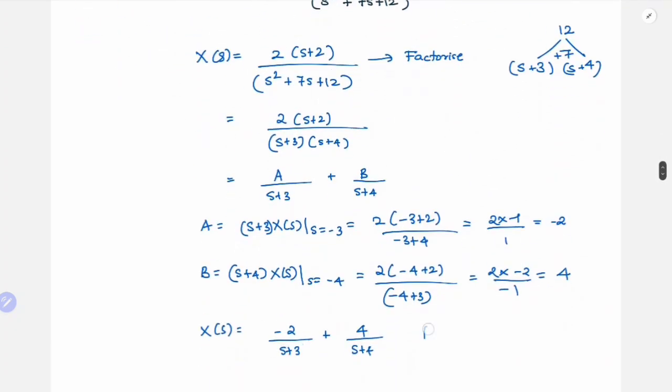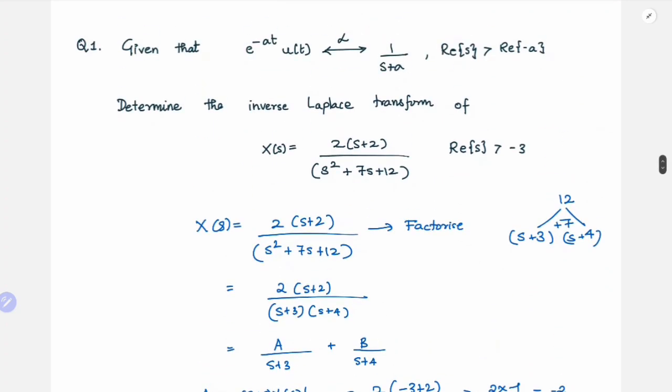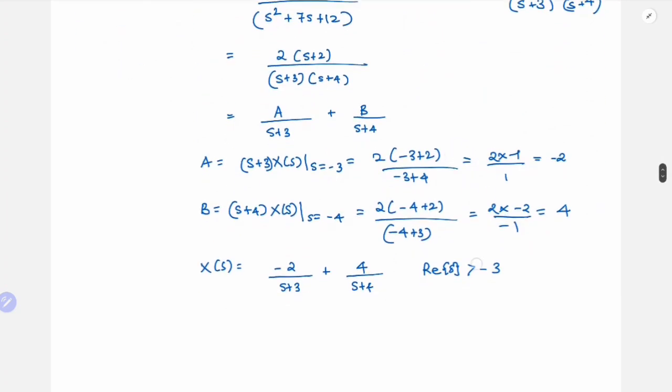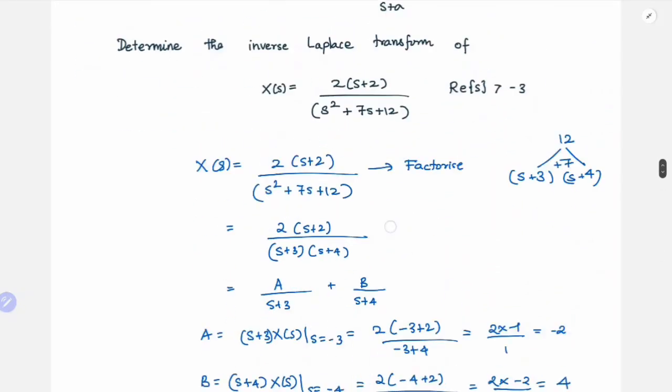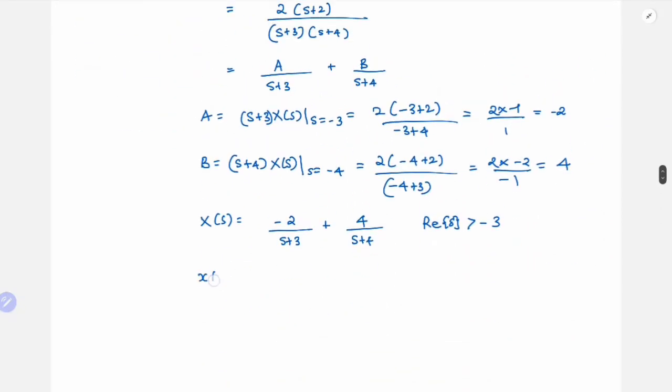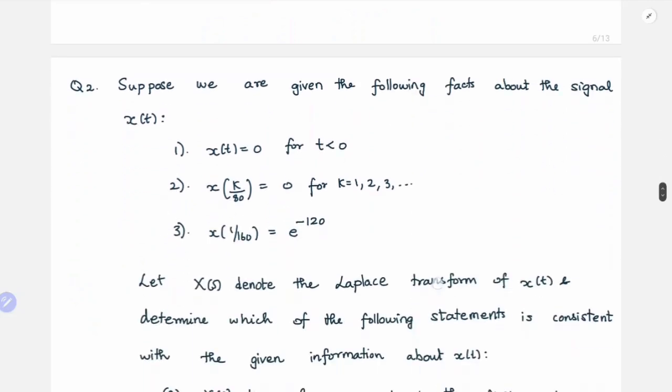So here we have real of s greater than minus 3, right? So what will be my inverse Laplace transform? My x of t is nothing but minus 2 e power minus 3t u of t plus 4 e power minus 4t u of t. So that's all, simple. Let us move on to the next question.